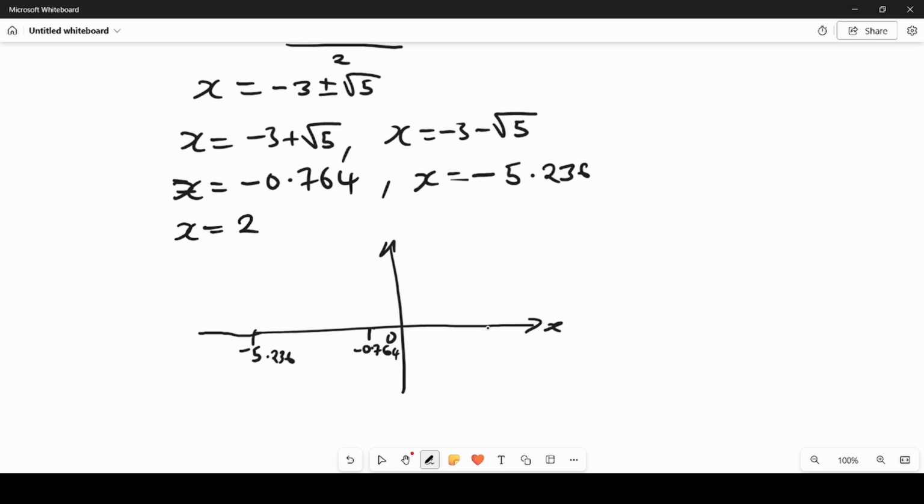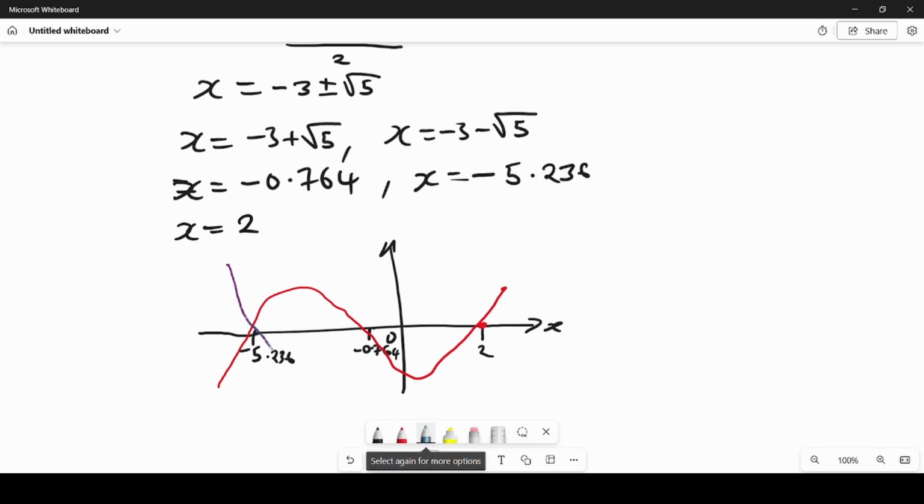Then we have a 2 somewhere here. So the graph either goes this way, goes down there, and then like that, passing through 2, or it goes like this, goes like that. So which one? So you are going to test.